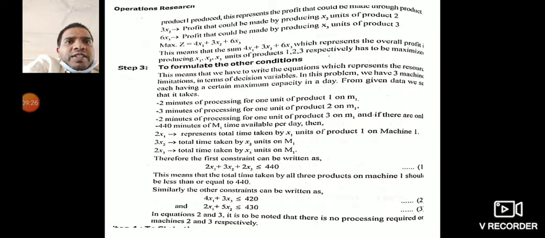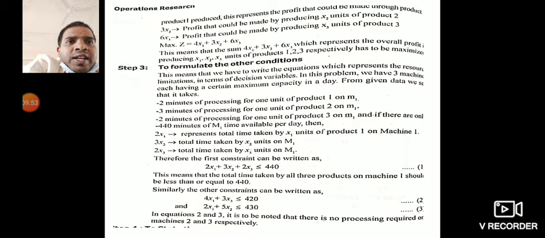The first constraint should be 2x1 plus 3x2 plus 2x3 less than or equal to 440 minutes, because machine 1 is available only for a maximum of 440 minutes, so we write less than or equal. Suppose if it is a minimum, then we can use the symbol greater than or equal.